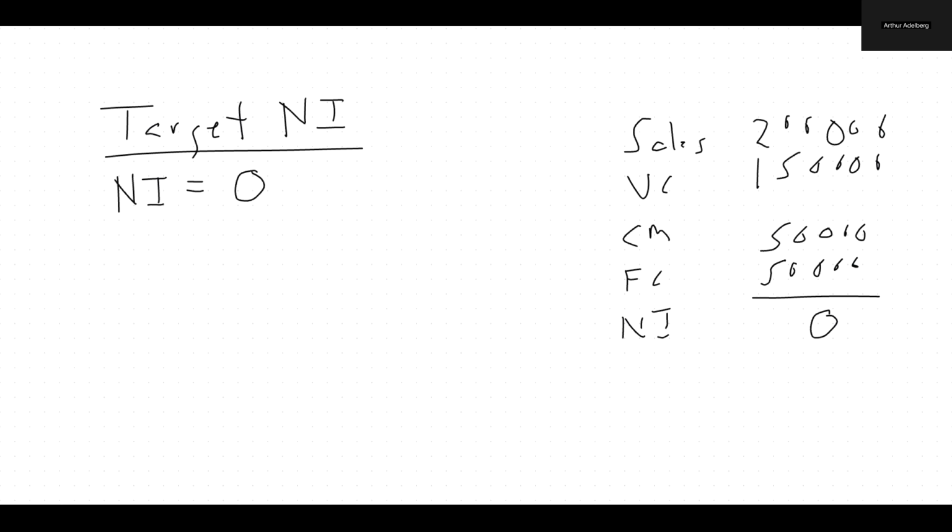Okay, look at this income statement. This is an income statement where the net income is 0.